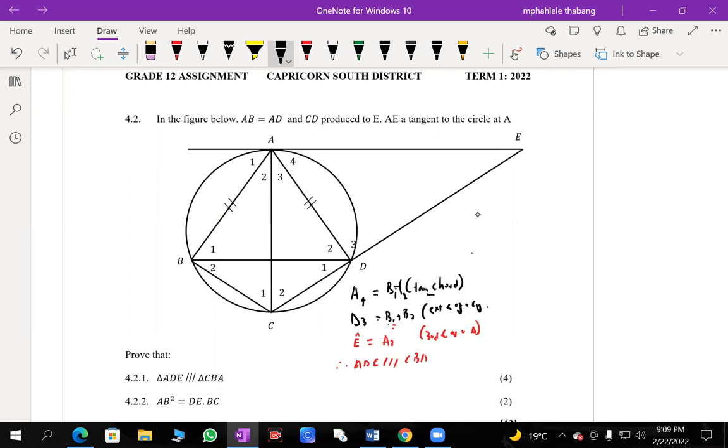I was confused about the triangles, but in whichever way you treat them, they make sense. Why I'm saying triangle ADE is similar to CBA, it makes sense. Does that make sense?